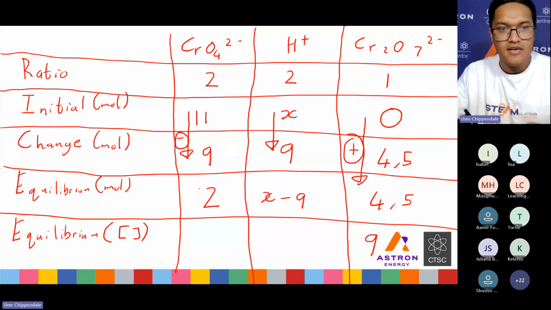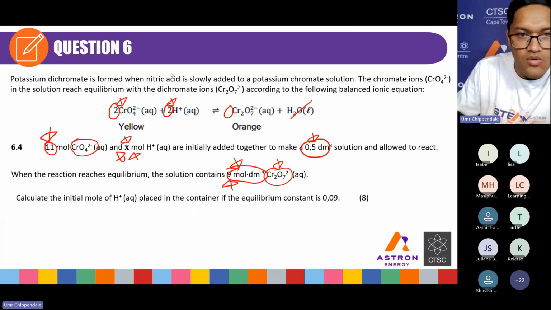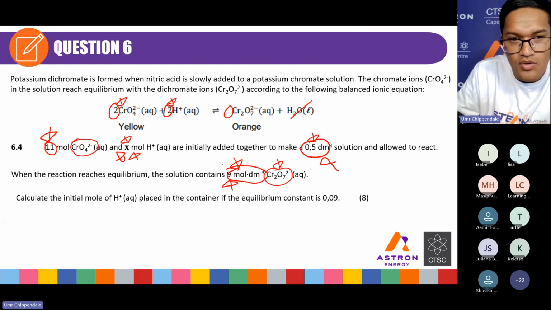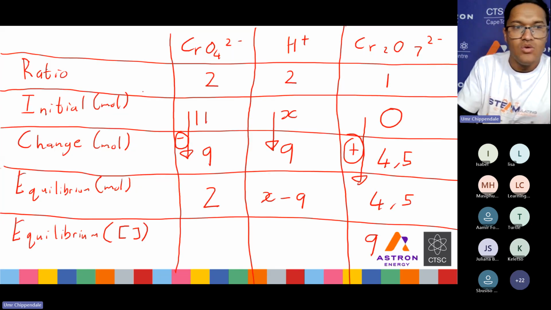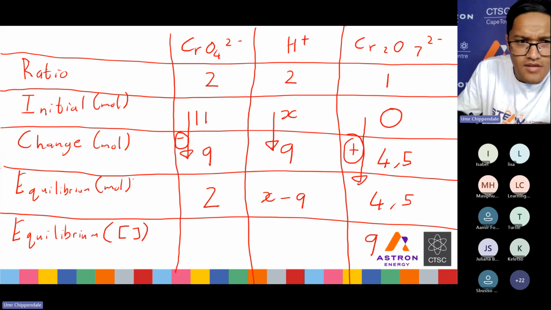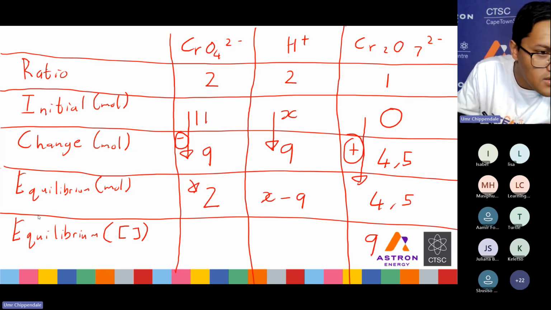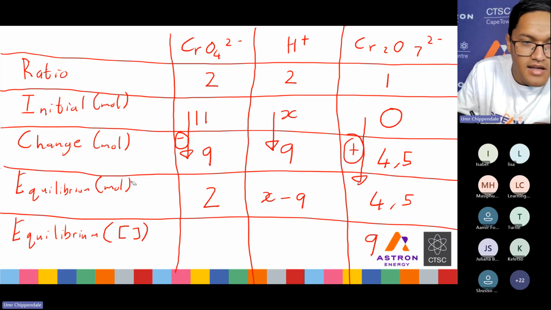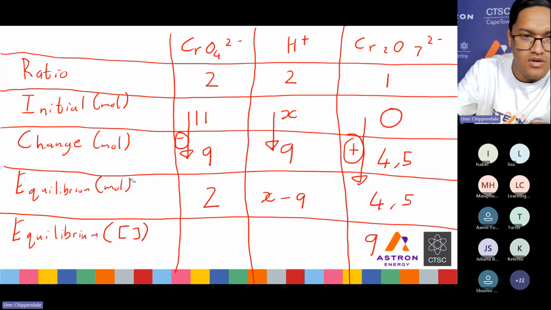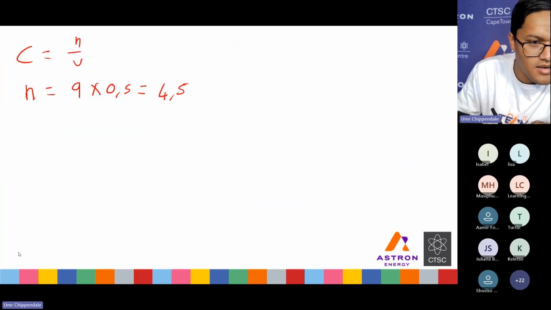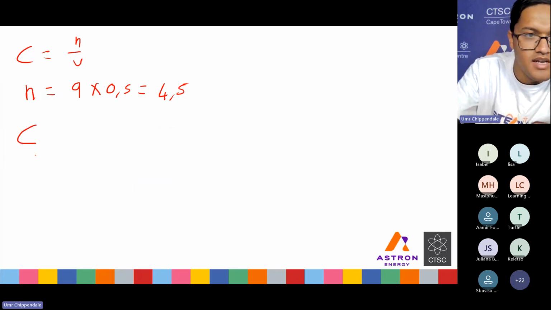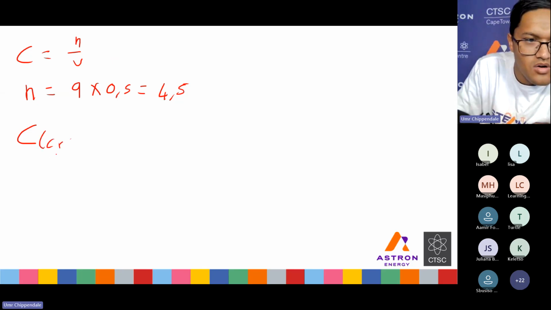Now, when we got here, remember we were also given our volume, 0.5. Now we go back. We have a number of moles, which is 2. So we're now going to take that 2. So our concentration for your initial reactant, which is CrO4 2 minus.